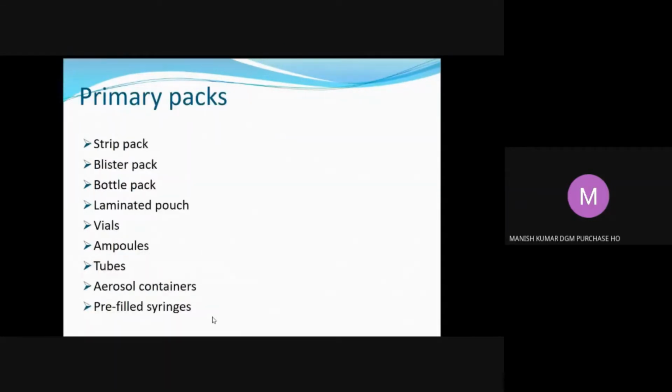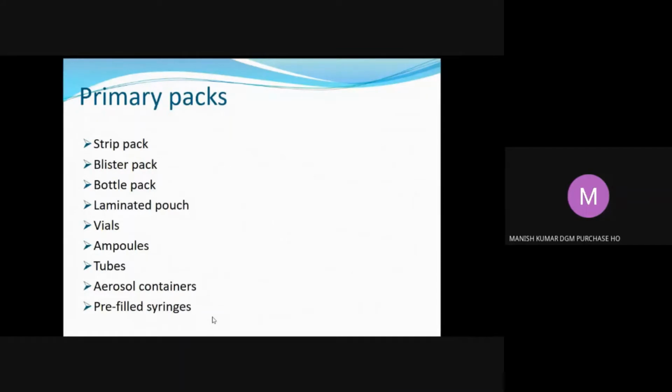So in pharmaceutical, we basically use primary packaging in strip pack, blister pack, bottle pack, laminated pouch, vials, ampules, tubes, aerosol containers, and pre-filled syringes. These are the basic primary packaging we use in pharmaceutical. I will take you through each primary packaging.